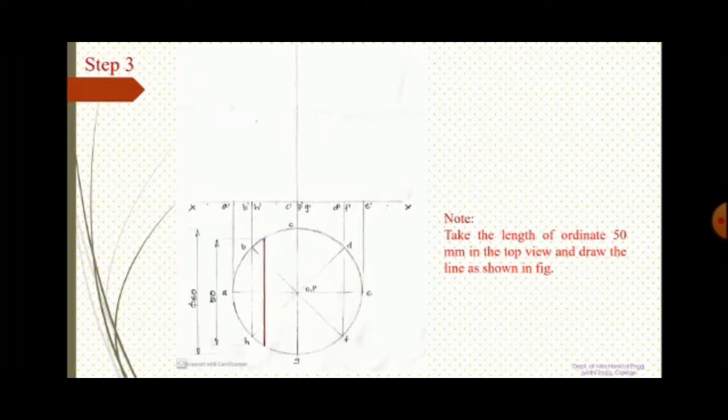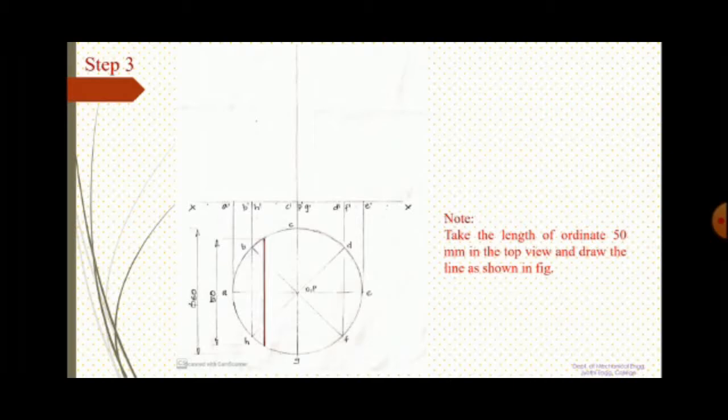Now it is given in the question, the length of the double ordinate is 50 mm. So in order to get that 50 mm, before completing the orthographic view of the cone, we are going to do some part of the section also. That means I am taking a distance of 50 mm in the top view.